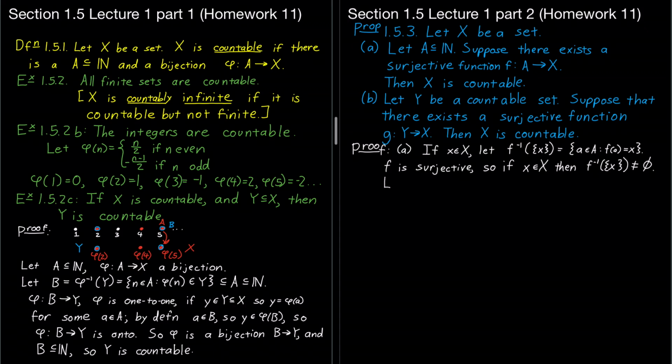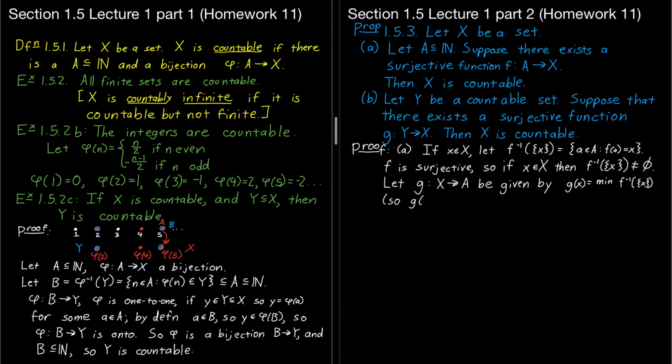So let's let g go from X back to A be given by g of x is the smallest of the numbers in f inverse of the singleton set {x}, the minimum value of f inverse of {x}.